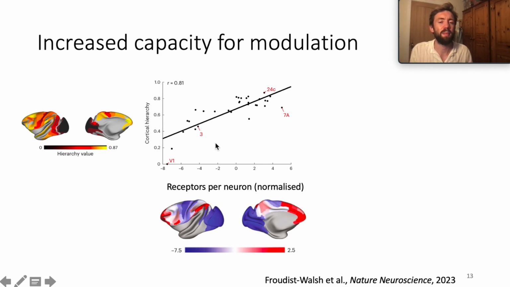And a lot of these receptors are actually for neuromodulators such as dopamine, serotonin, acetylcholine, etc. So there seems to be an increased capacity for neuromodulation, so for quick, rapid changes of connectivity strengths, for example, as you go from the early sensory areas at the bottom of the hierarchy to the higher cognitive areas, such as prefrontal cortex near the top of the hierarchy.